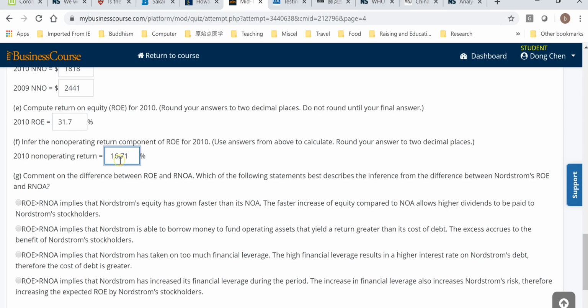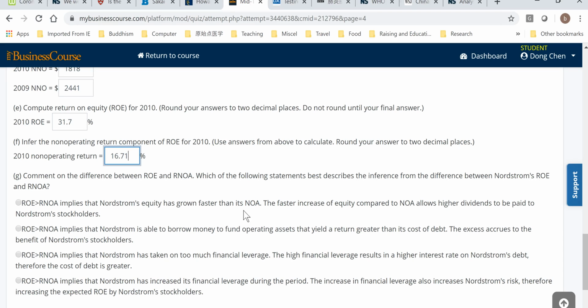Because this number is higher than this number. The reason for that is the non-operating part of the firm is basically coming from the financing part. And in this case, it's borrowing from the bank, borrowing from the bondholders. And that part is generating return.